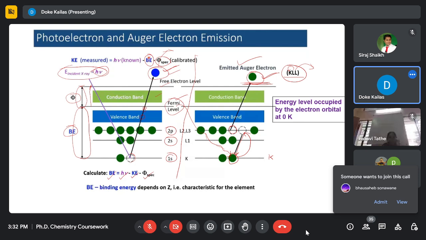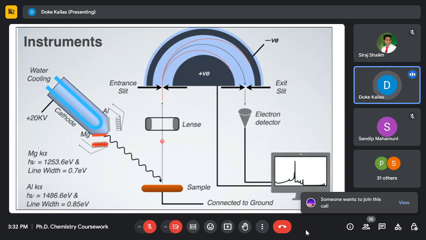So next, we will switch over to the instruments now, because the course title is instrumental analysis. After the principle, you must know how the analysis is carried out. Normally, like X-ray diffraction, the source of X-rays is an X-ray tube, which has an anode and a cathode, and the anode is made from either magnesium, aluminum, tungsten or copper.